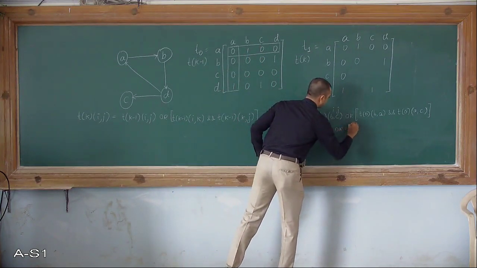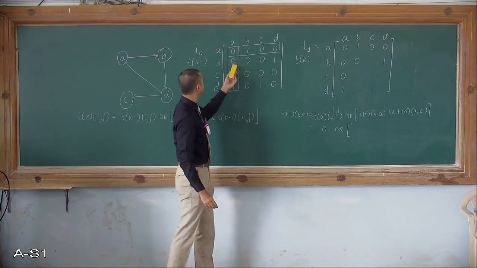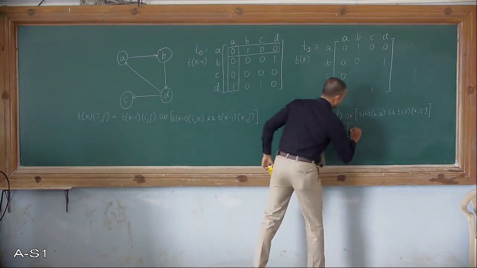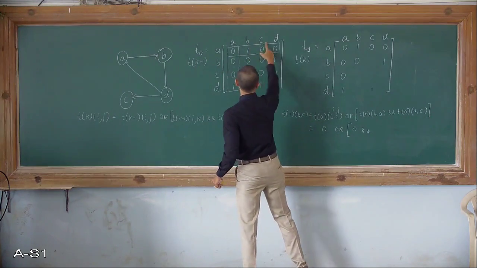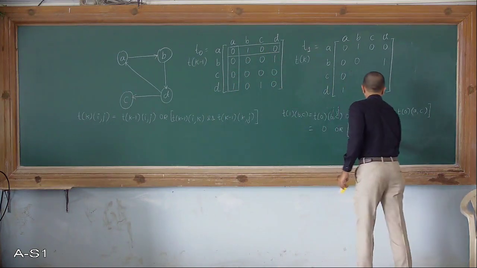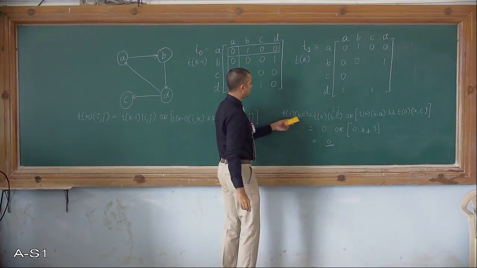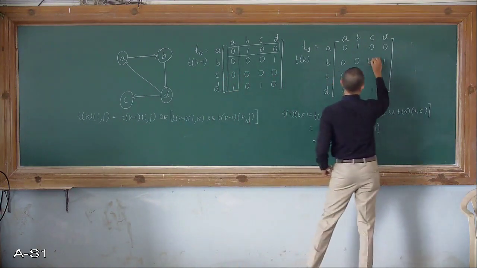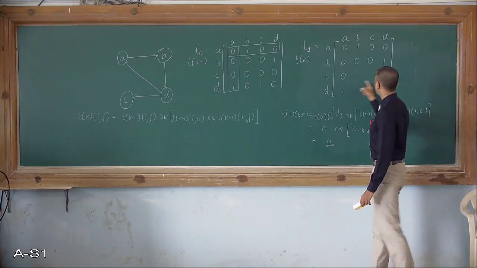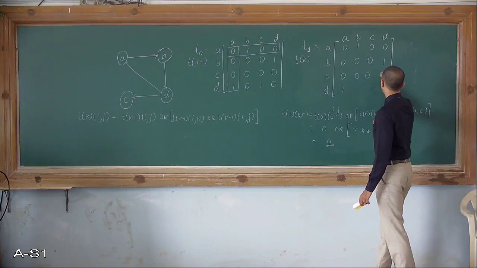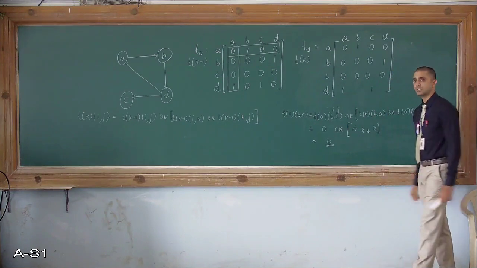Or in T of 0, we'll see B to A. B to A is 0. So this is going to be 0. And in T0, A to C, 0. So this will evaluate to 0. So in T of 1, B to C will also be 0. This entire row will remain 0. Calculate this using this formula, you will get it as 0.